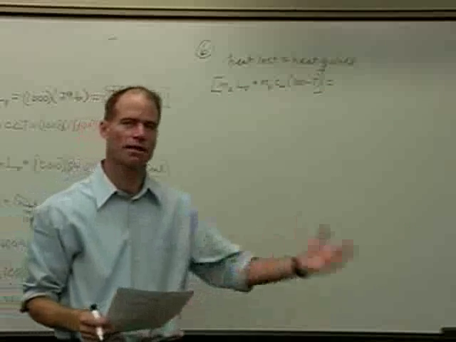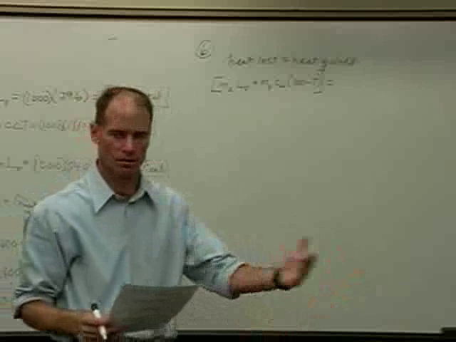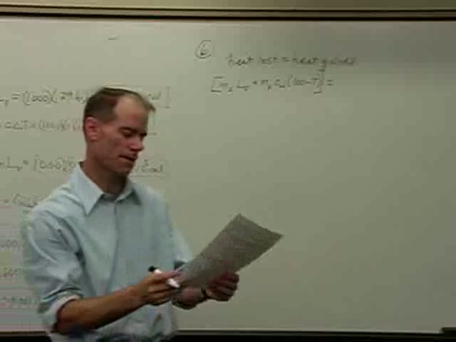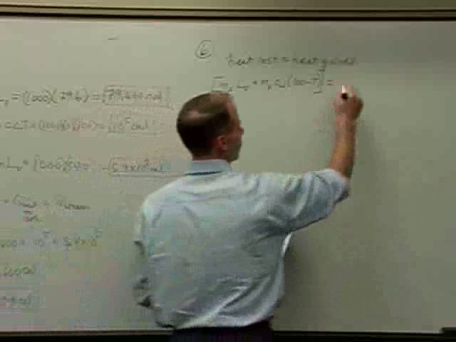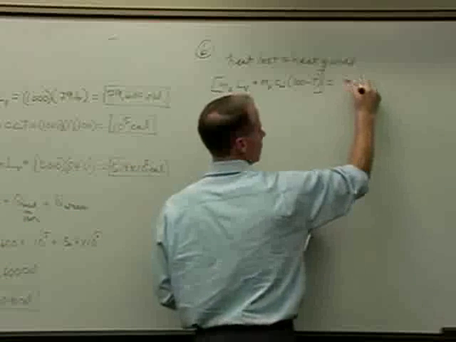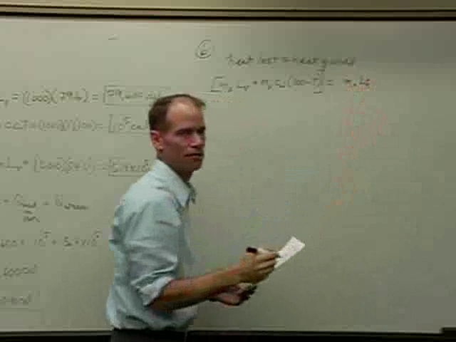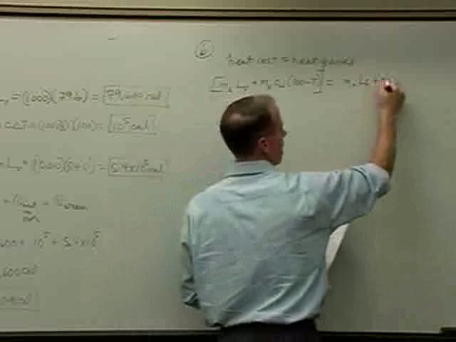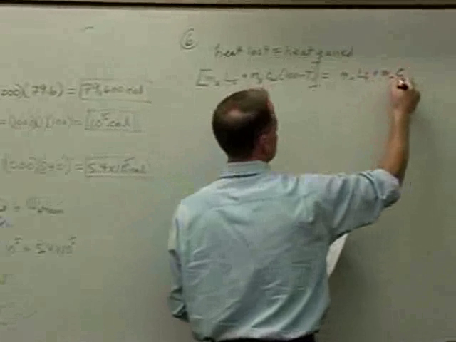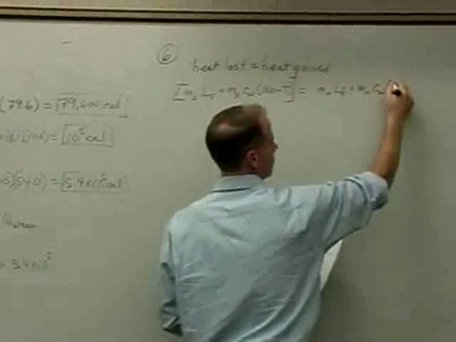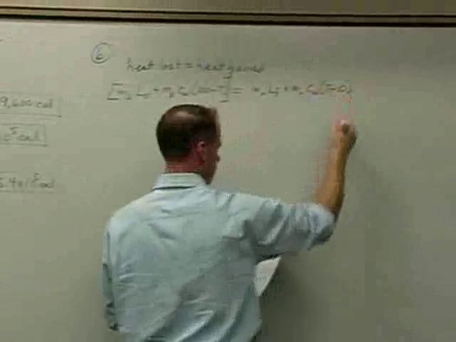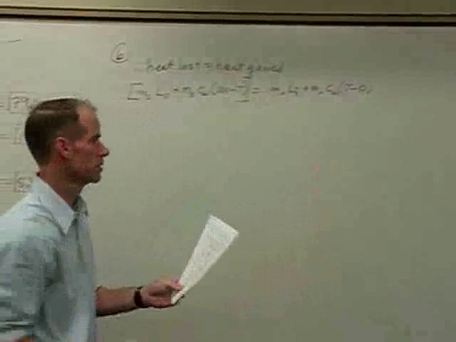And that should be gained by the ice, and then the water from the ice that's being heated up to that final temperature. So over here, we'll have the mass of the ice times the latent heat of fusion, that's to melt the ice, plus the mass of the ice times the specific heat of water times the final temperature minus 0, since we start from 0.